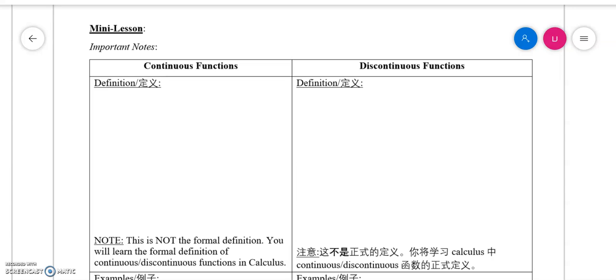All right. So now I'm letting you know that these are informal definitions. You will learn the formal definition of continuity in calculus when you take it next year. But for now, these definitions will work for us.